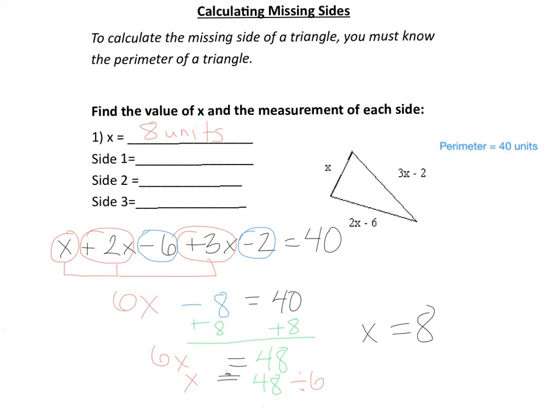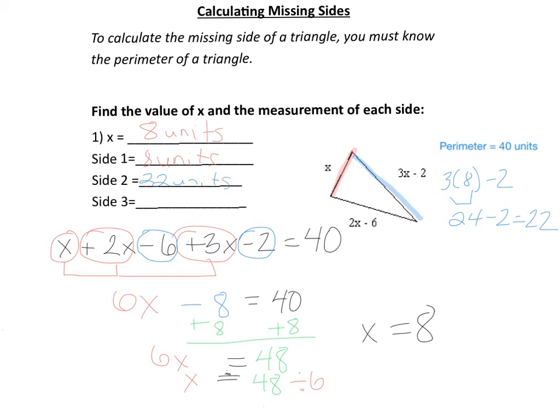Now, if x is 8 units, one side, the side that's marked in red, happens to be x, so it is 8 units. To figure out this side, we do 3 times 8 minus 2. 3 times 8 is 24, take away 2, so we have another side that's 22 units.